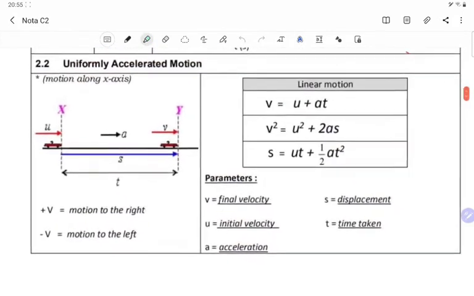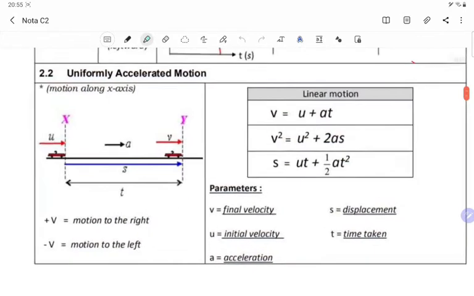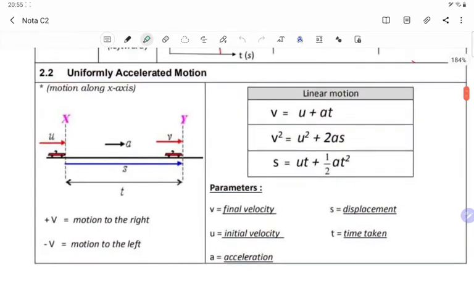Okay, so before we proceed, we refer back to the previous subtopic, which is uniformly accelerated motion, where you have seen 3 different equations for linear motion. v equals u plus at, v squared equals u squared plus 2as, s equals ut plus half at squared.